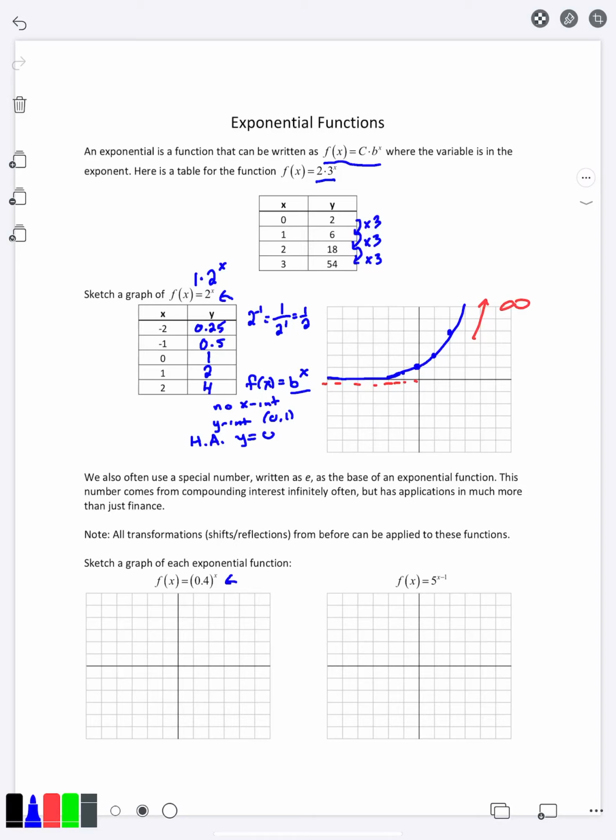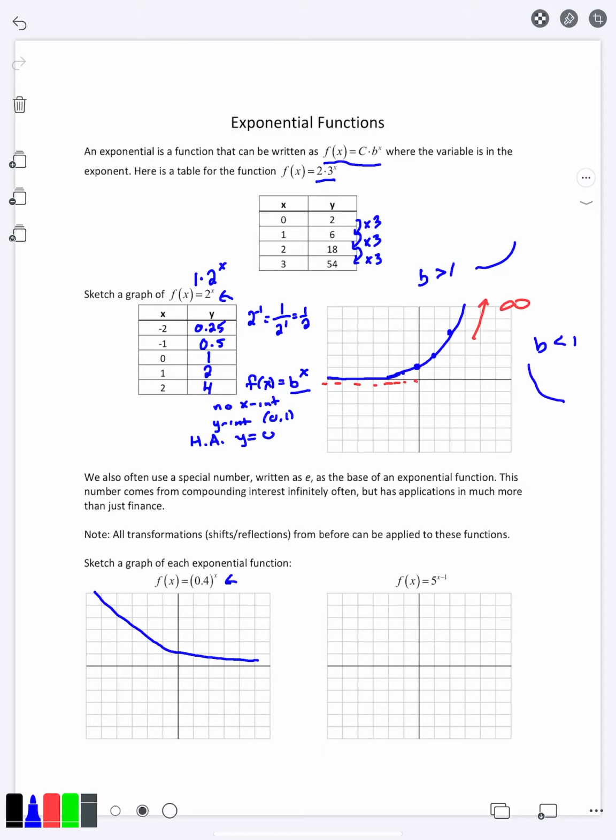So instead of it starting low and going high, it's going to start high and go low. It's going to be something like this here. Your horizontal asymptote is going to be on the right. And you can just check that by plugging in different x values, or you can put it in a calculator or a computer program, whatever it may be. But just remember that when your base is bigger than 1, this is your generic shape here. And if your base is smaller than 1, it starts high and goes low.